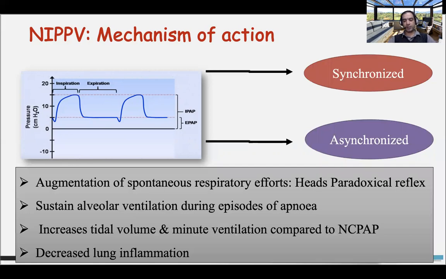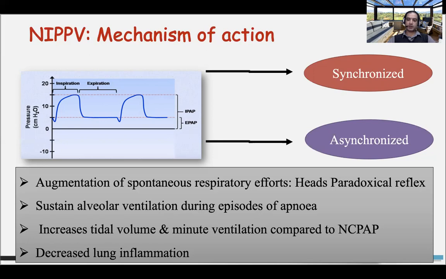Now, the actual mechanism of action of NIPPV is not known, but there are various postulates by which NIPPV is believed to act. One of the mechanisms includes that it augments respiratory support by Head's paradoxical reflex, which states that whenever there is sudden distension of the lungs, it induces a gasp or deep inspiratory effort, which is mediated by the irritant receptors of the major airways.